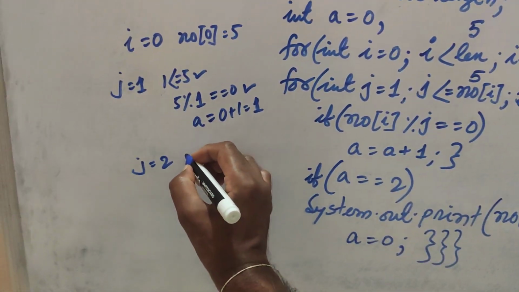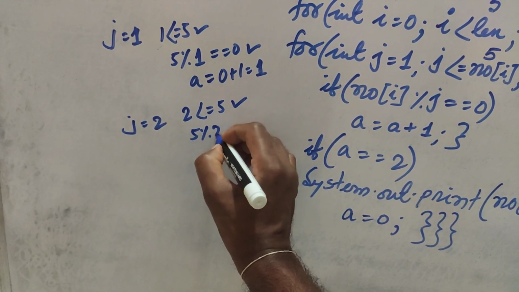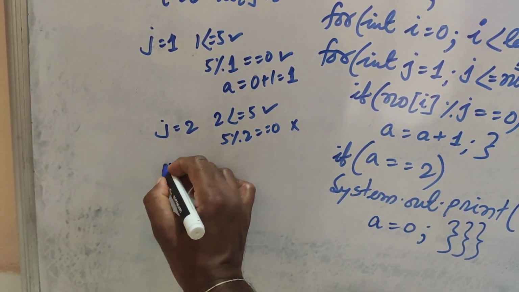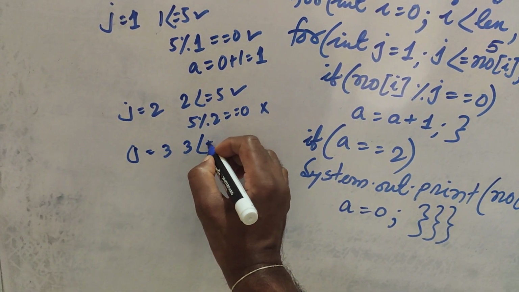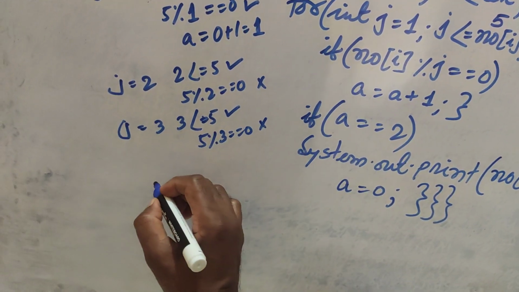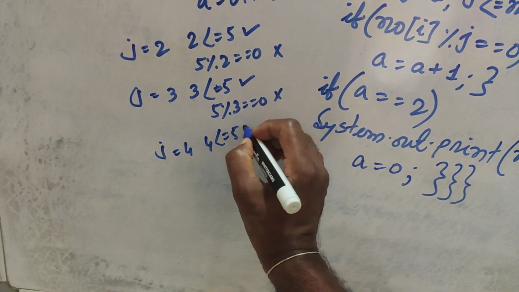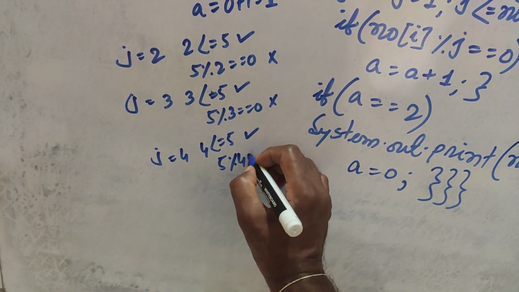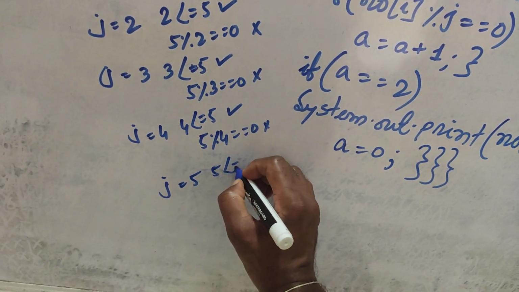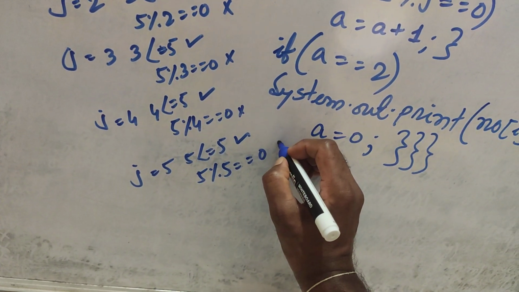j equals 2, then 2 less than or equal to 5, true. 5 modulus 2 equals 0, false. j equals 3. 3 is less than or equal to 5, true. 5 modulus 3 equals 0, false. j equals 4. 4 less than or equal to 5, true. 5 modulus 4 equals 0, false. j equals 5. 5 less than or equal to 5, it is true. 5 modulus 5 equals 0, it is true.